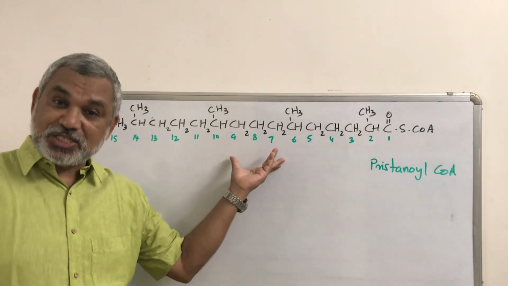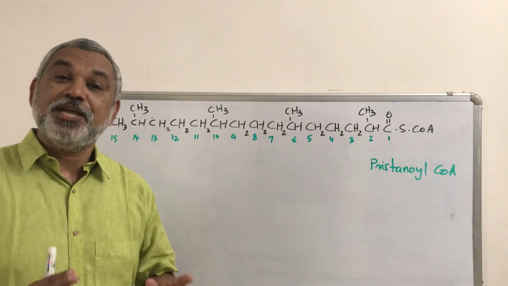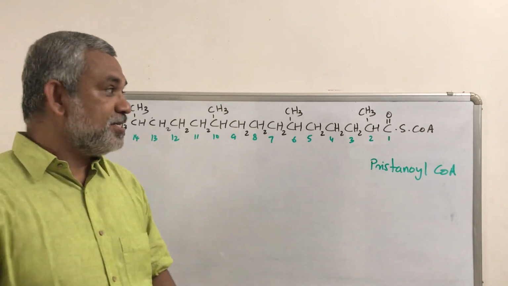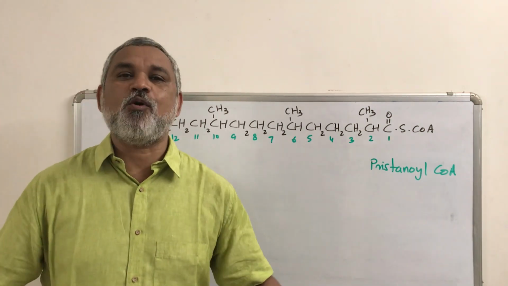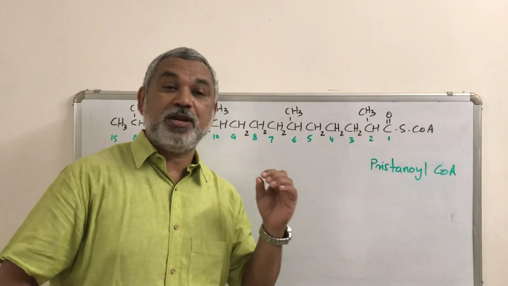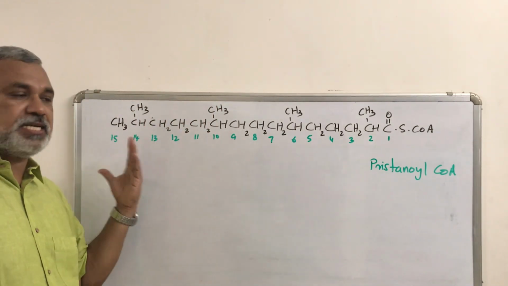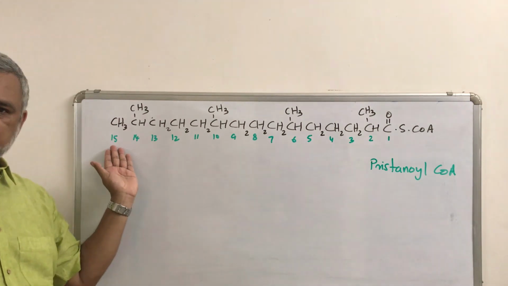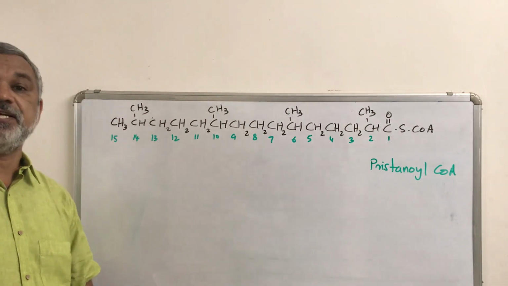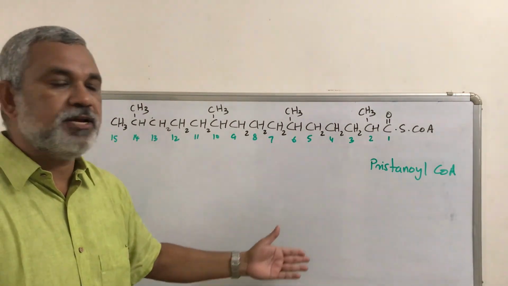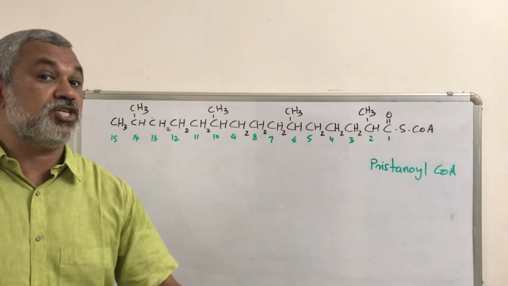We have made pristanoyl-CoA. In order to have greater clarity on how the complete oxidation of pristanoyl-CoA occurs, I've drawn the entire 15 carbon atoms. They are numbered by using a green pen. You can identify them, 15 carbon atoms, and you can also identify where the methyl groups or the branching occurs.